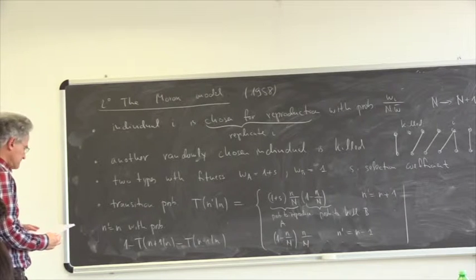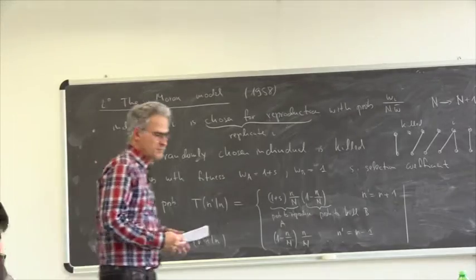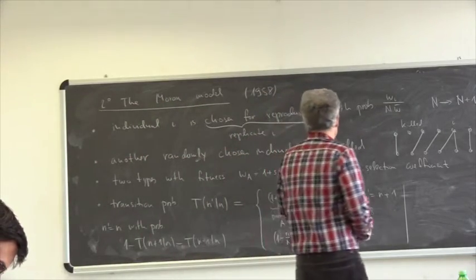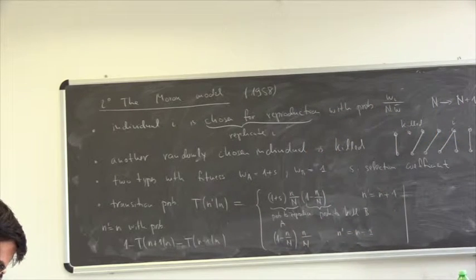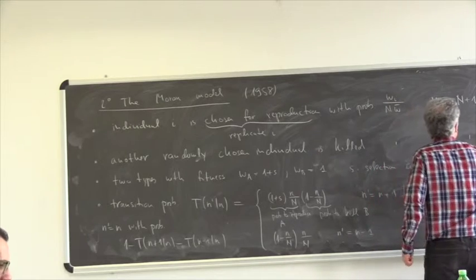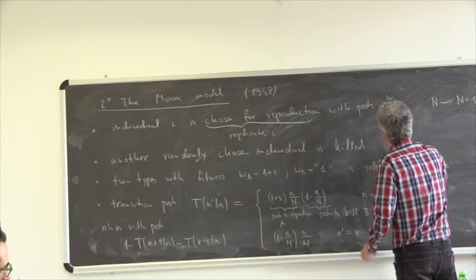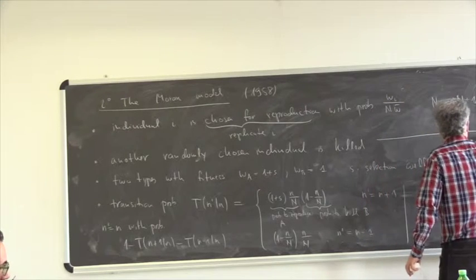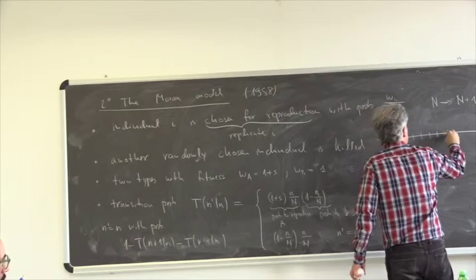And now again, the process is much simpler because the possible changes of n are limited, right? So again, think about the state space here.